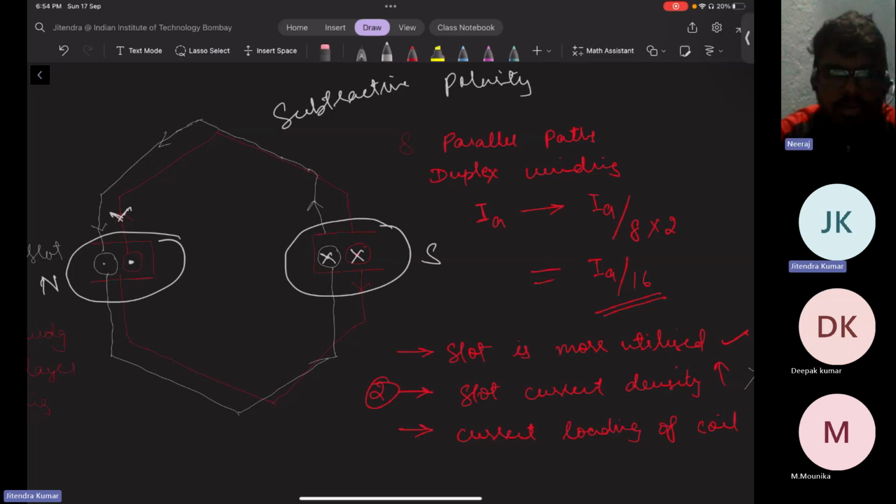Sir, you said that duplex winding and double layer winding are the same. But sir, here in duplex winding, the current is reduced to IA by 16, but in double layer winding, it will be reduced only to IA by 8. Sir, why is there a difference?